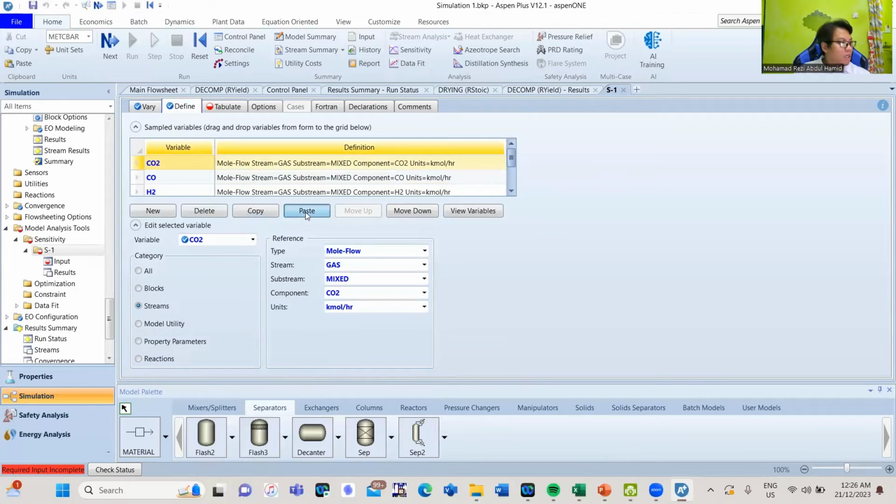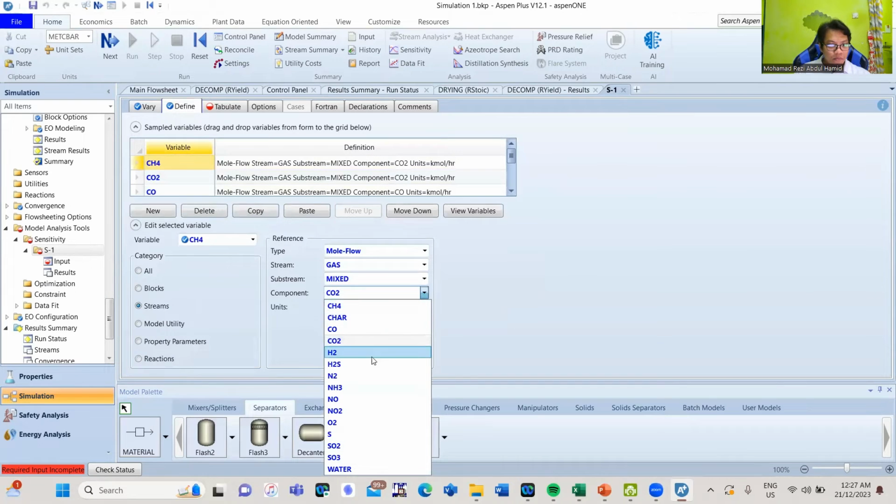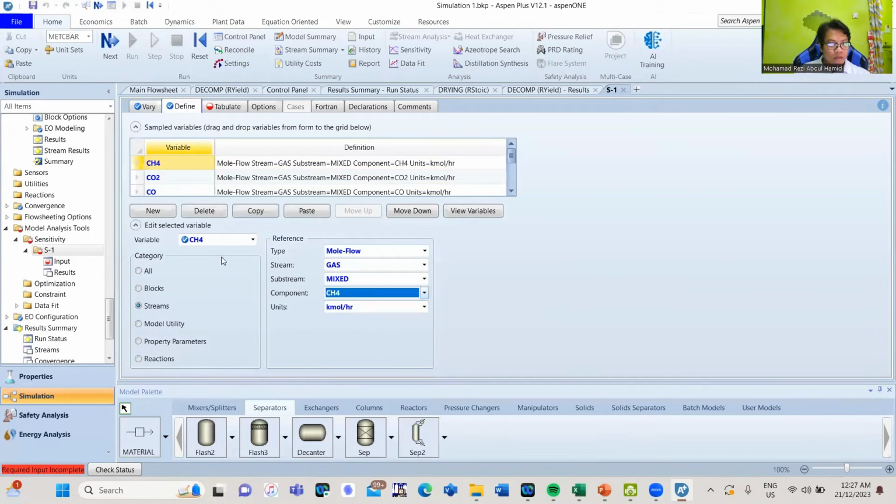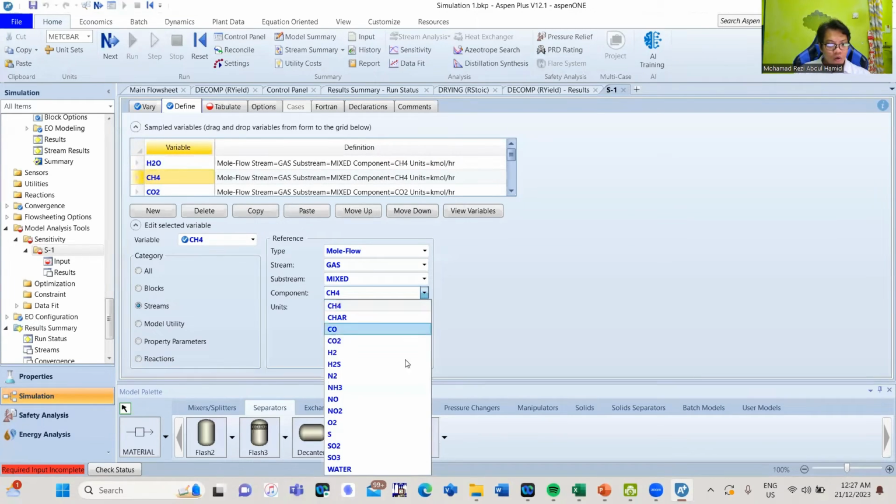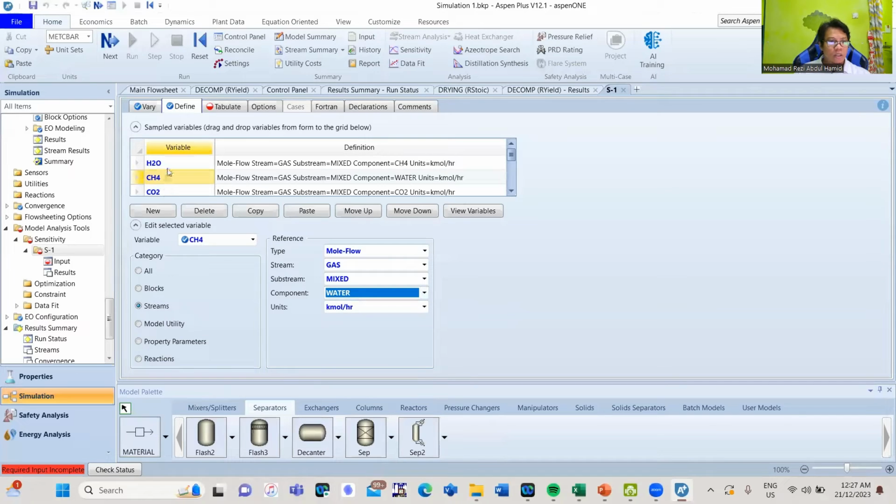Copy. Paste. Methane, CH4. Copy, and then copy again. Paste. H2O, it should be water. Maybe I will rename it as water.